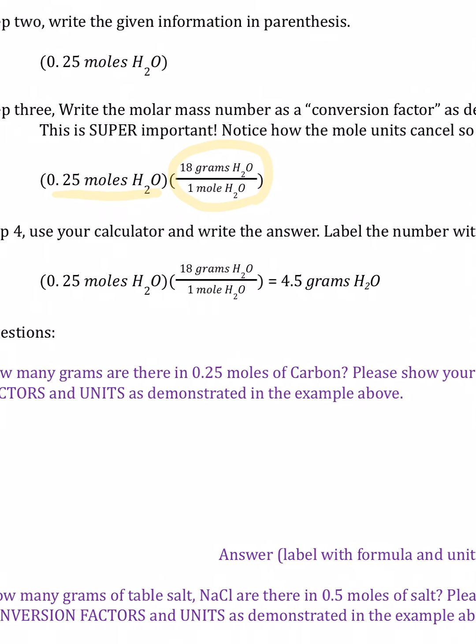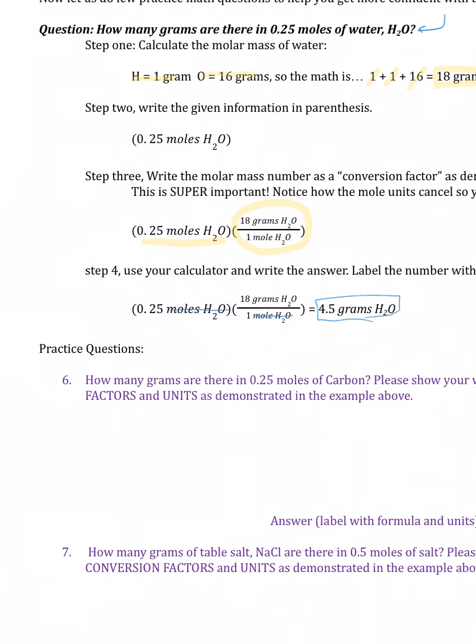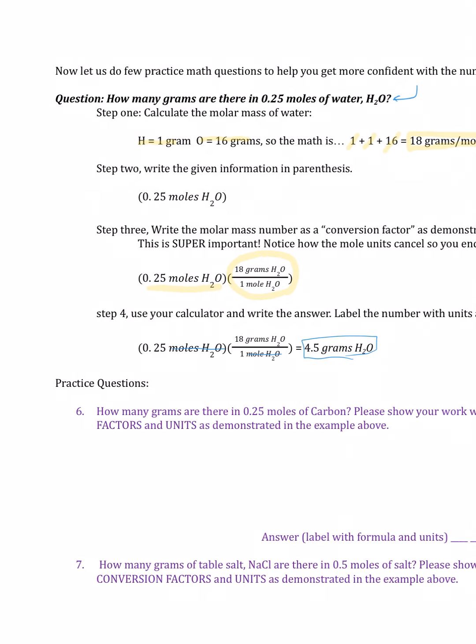When you do that calculation, these units cancel one another. There's moles of water twice, one on the top, one on the bottom, and you end up with the number of grams of water, which makes sense. This answer, for a quarter of a mole of water, is going to be much less than a whole mole of water.